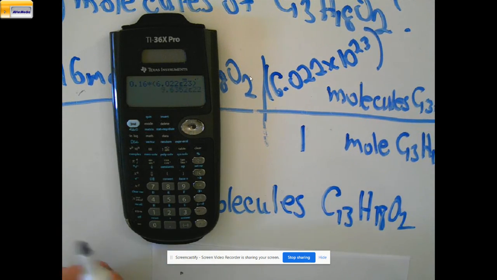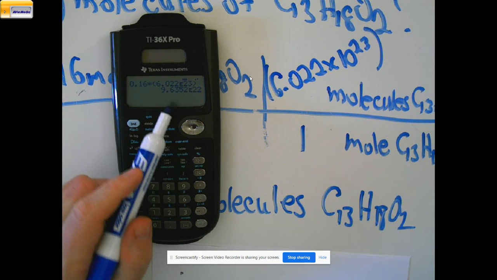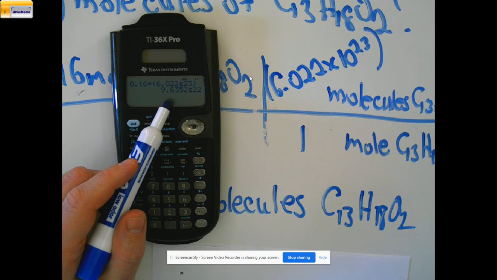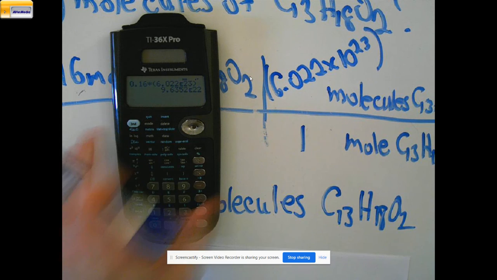Hit enter, and this is going to be the number of molecules that are in 33 grams of ibuprofen.